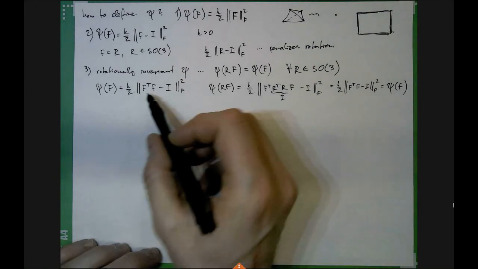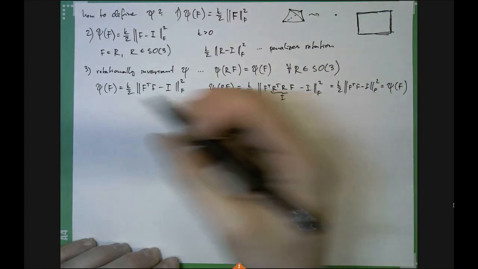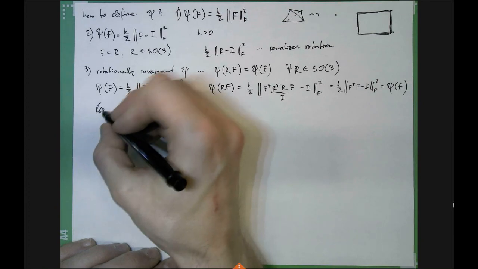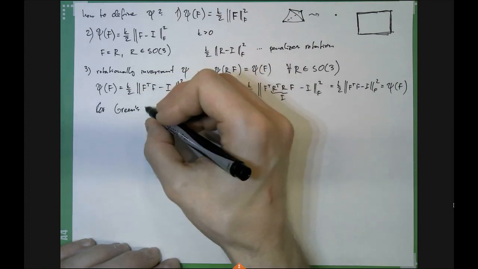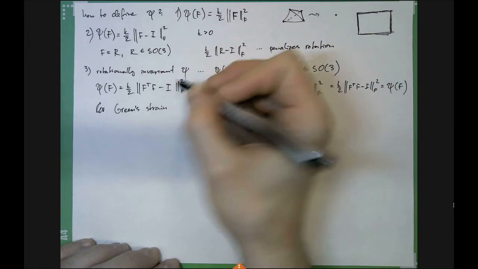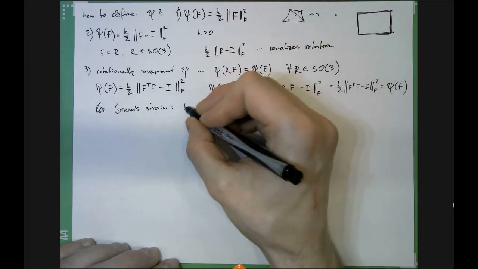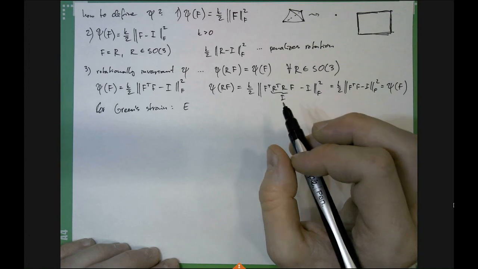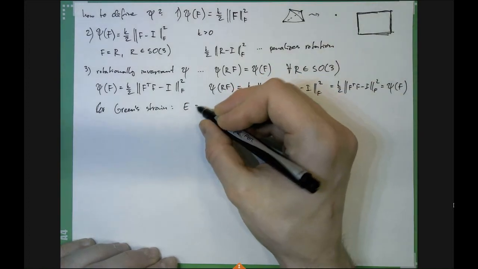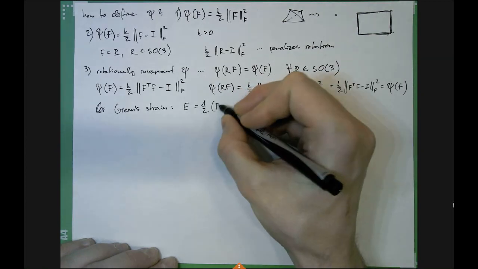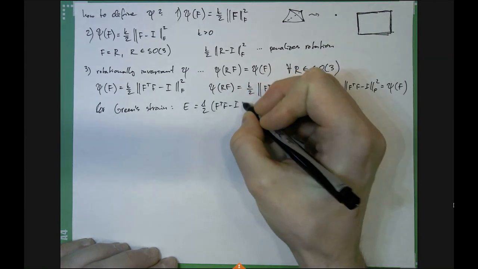So here the main idea was to do this F transpose F. This idea is called the Green strain. The Green strain is sometimes also denoted as E. I don't like it because it looks like energy, even though it's not energy, it's just a strain measure. And that's F transpose F minus identity.